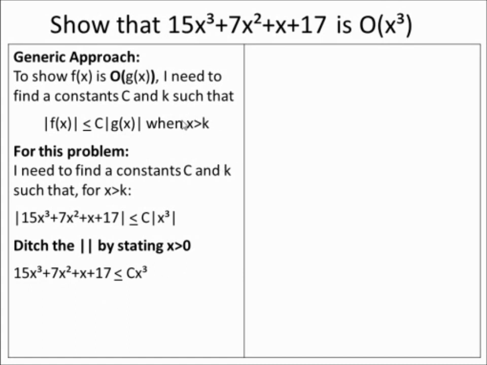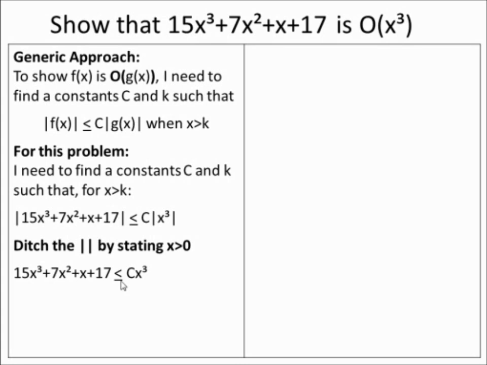Remember, I want to find a value k, and I'm going to say that whenever x is greater than this number, that's where you need to look. So I can start off by saying, right off the bat, make x greater than 0, so I can ditch the absolute values. You can always, always, always say, make x bigger than some number when you're trying to establish the big O relationship.